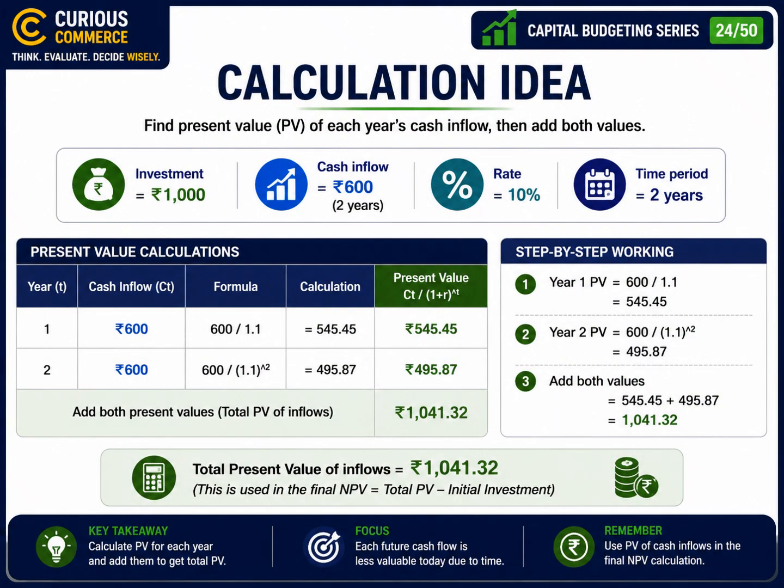Now let us calculate the first year's present value, that is 600 rupees. 600 divided by 1 plus r to the power of t, that is 1.1, that is 545.45.